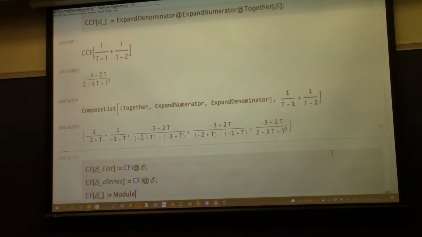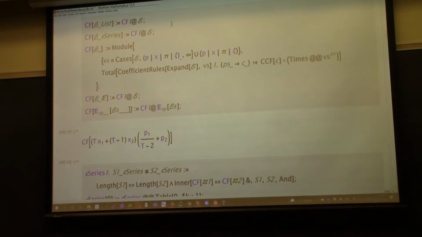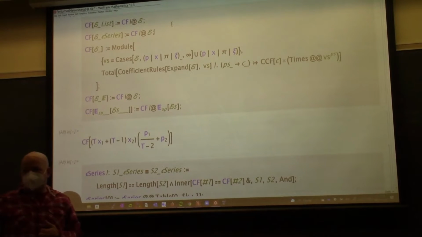Okay. Then there is a canonical form for polynomials in the z variables, where z stands for x, p, psi, and pi.